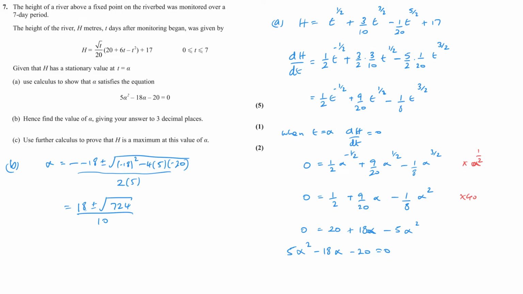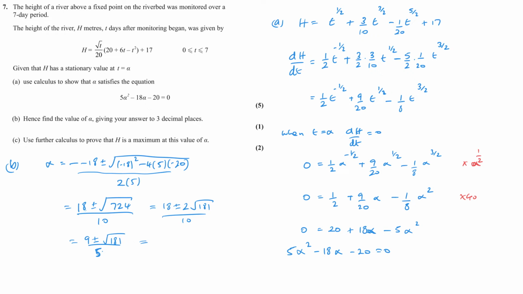That's just 18. And this is 18 plus or minus 2 root 181 over 10. 2 goes into both of those, so it's 9 plus or minus root 181 over 5.